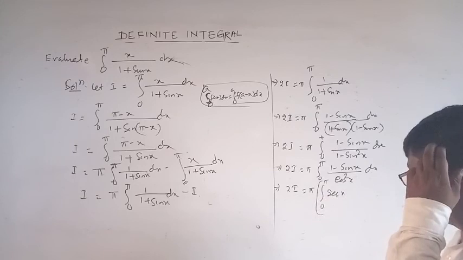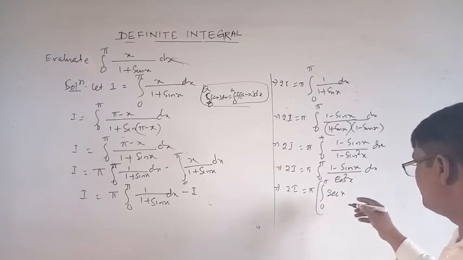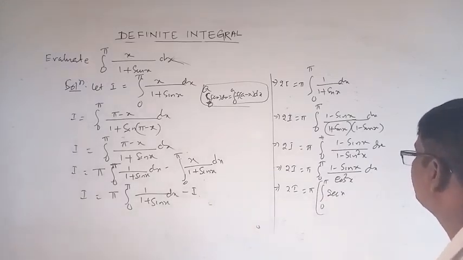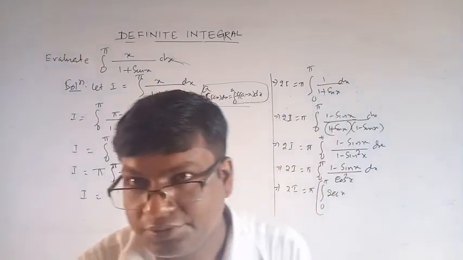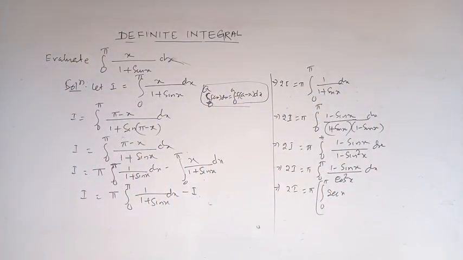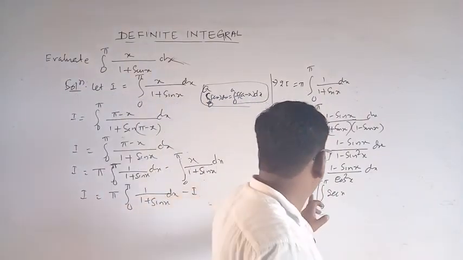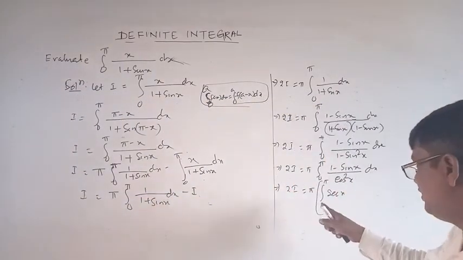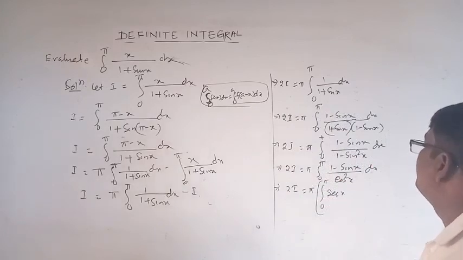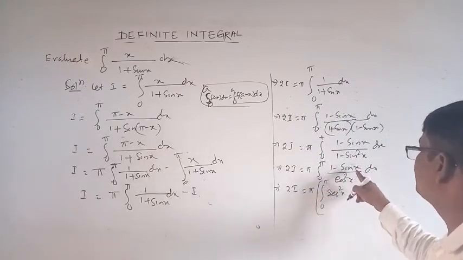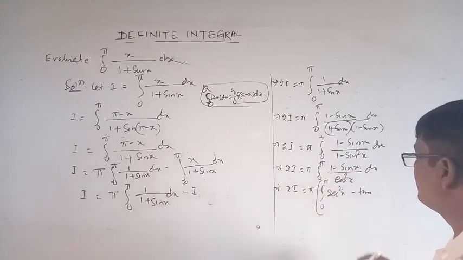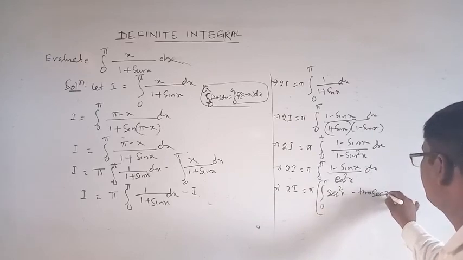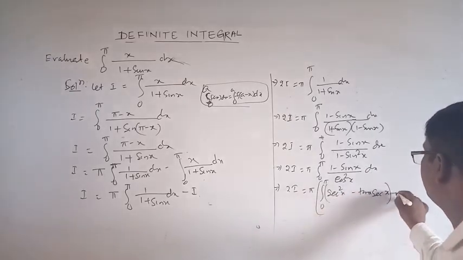Okay, integral 0 to pi of sec square x minus what? Now 2I is equal to pi into integral 0 to pi of 1 by cos square x means sec square x, and sin by cos means tan x, and 1 by cos means sec x, whole dx.